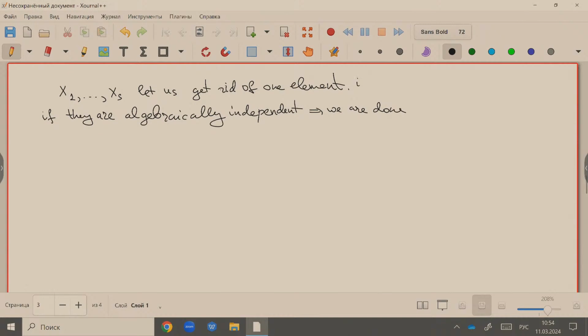So in a way that all other elements of the algebra are integral over the remaining set of elements.